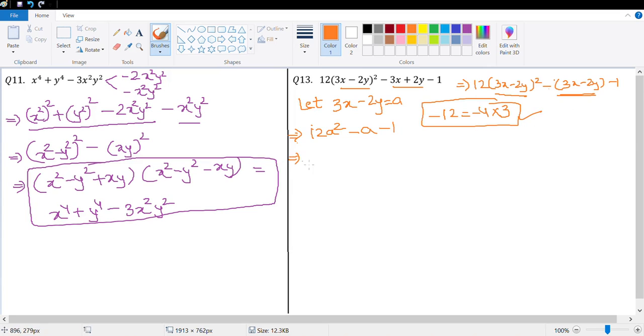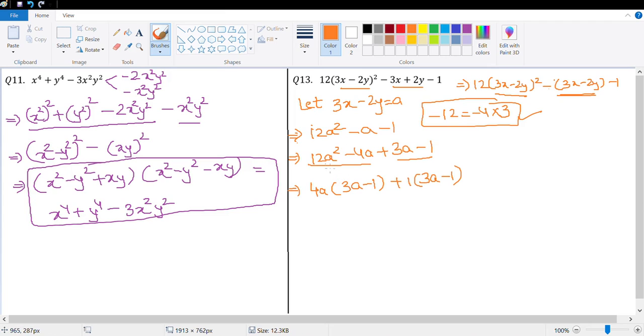Let's write this now. 12a square minus 4a plus 3a minus 1. Grouping it the way I have underlined, we have 4a times 3a minus 1 plus 1 times 3a minus 1. Yeah, that's correct.